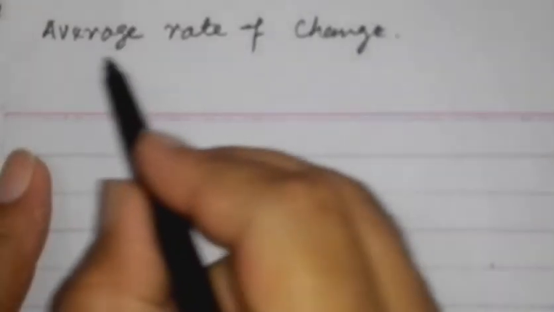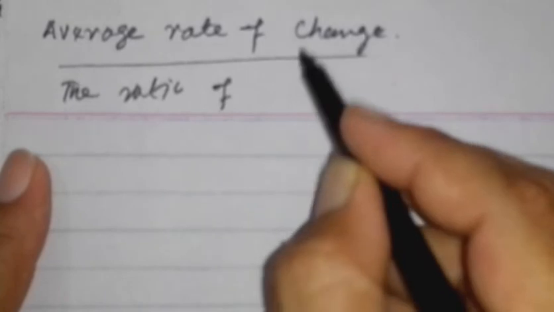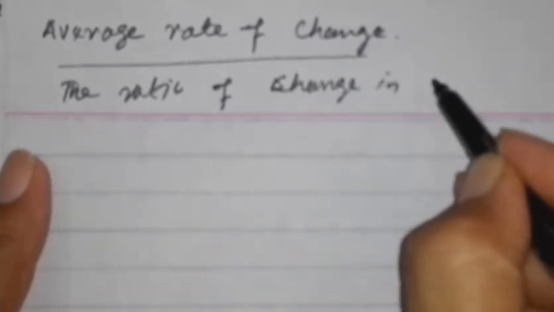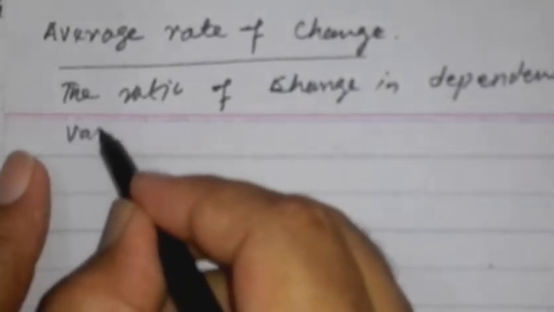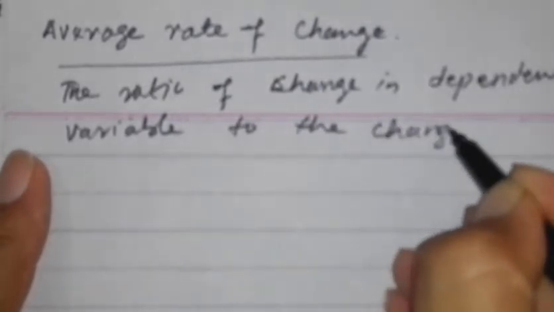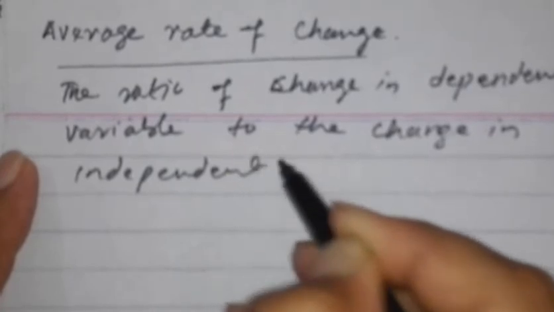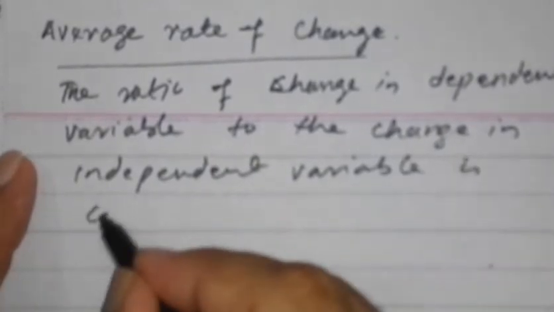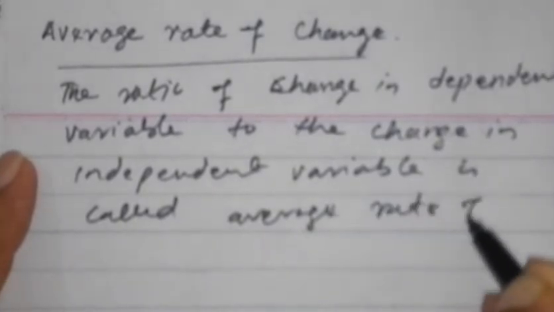Average rate of change. The ratio of change in dependent variable to the change in independent variable is called average rate of change.